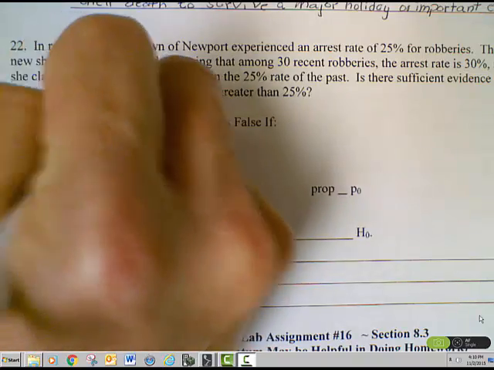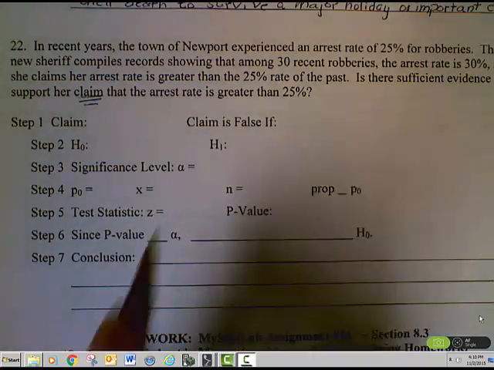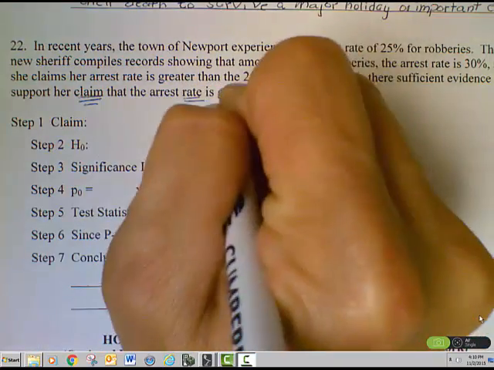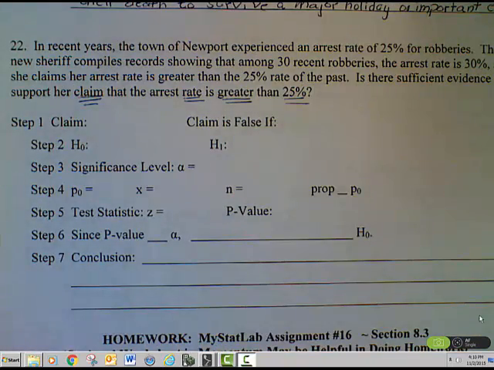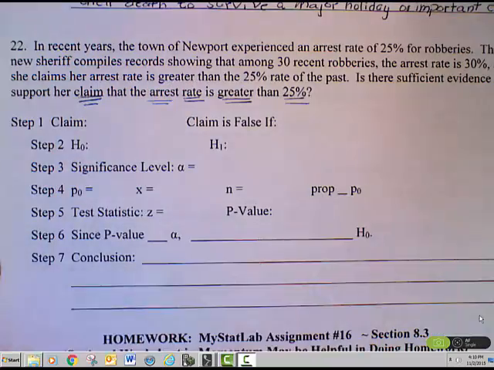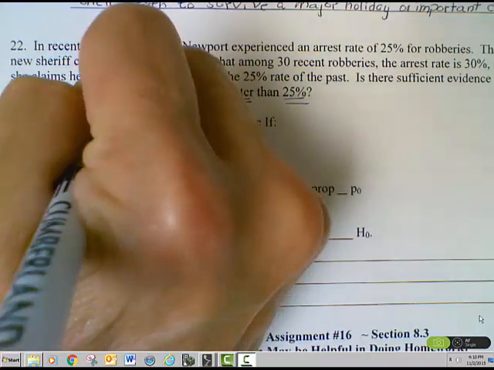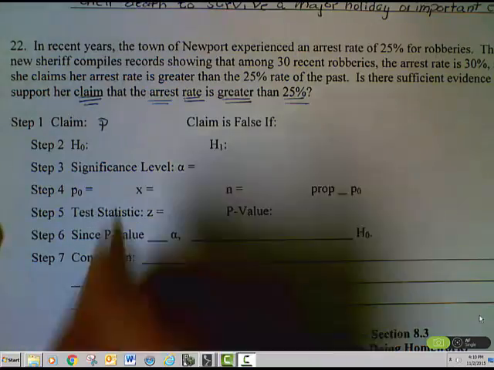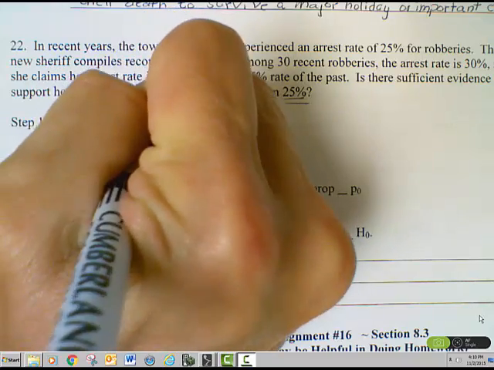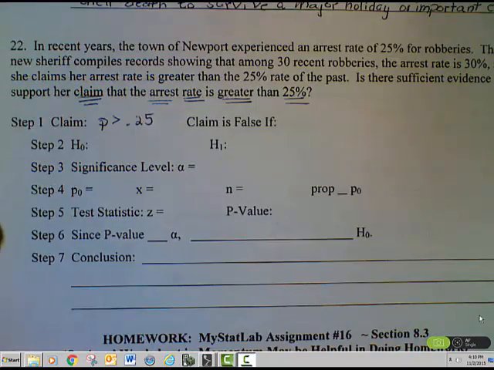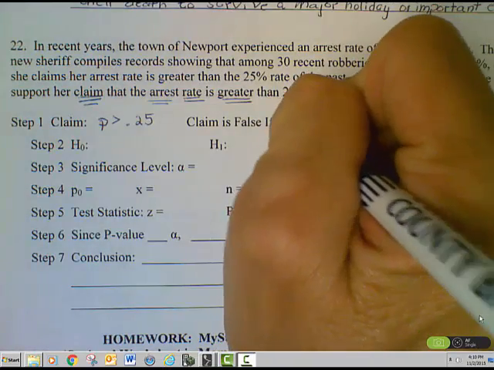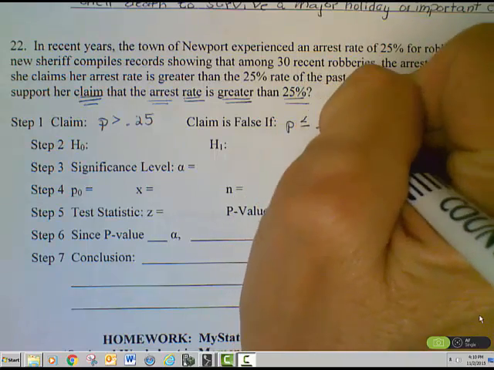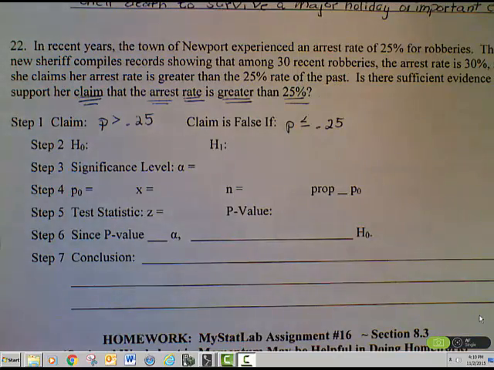All right, here's the claim. The claim is that the rate is greater than 25% or 0.25. It's the arrest rate. So the claim is that she has arrests in more than 25% of robberies. And that's false if the proportion of arrests turns out to be less than or equal to 0.25.